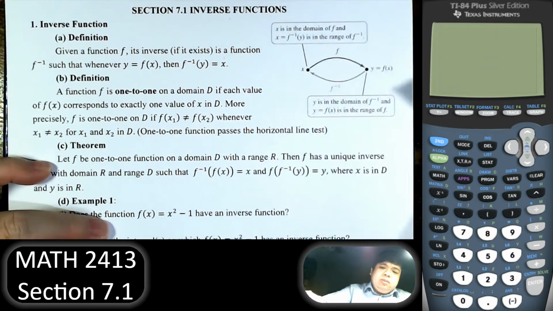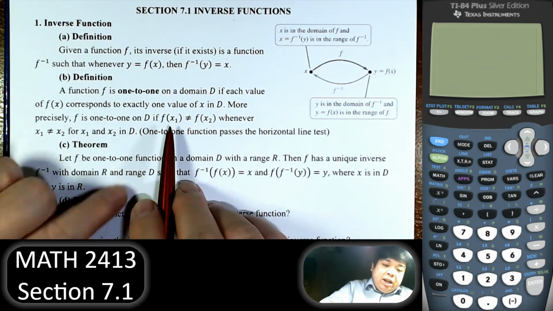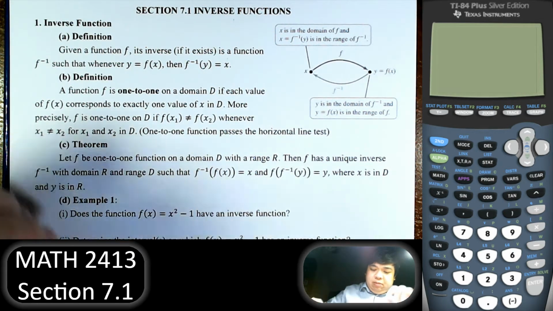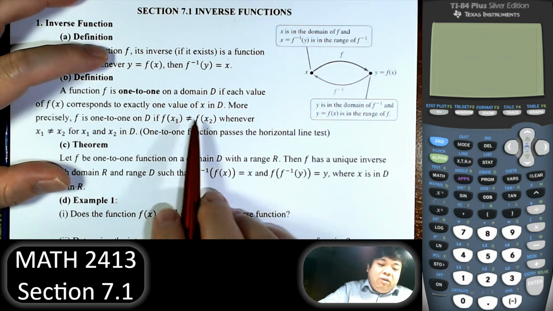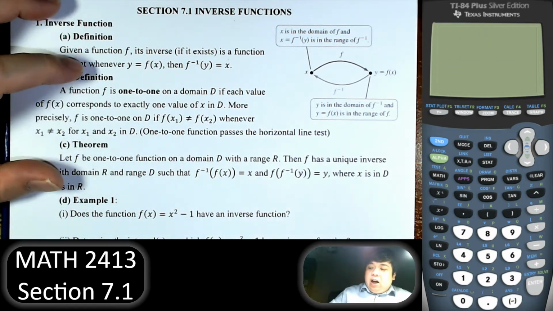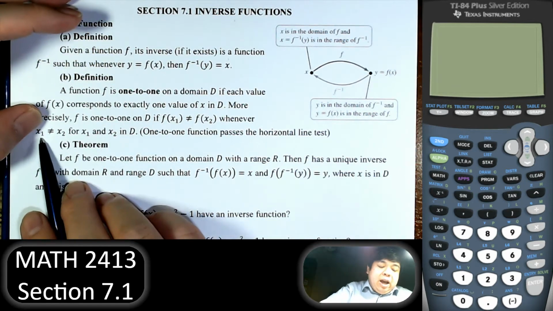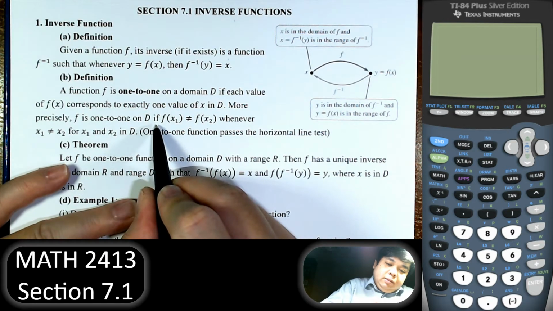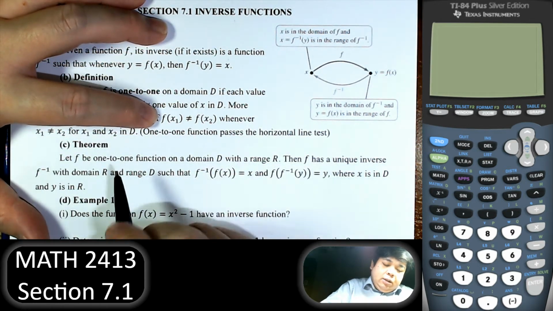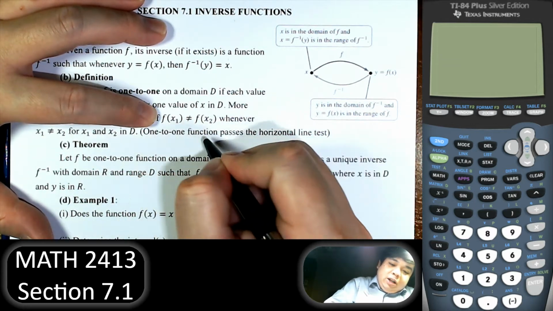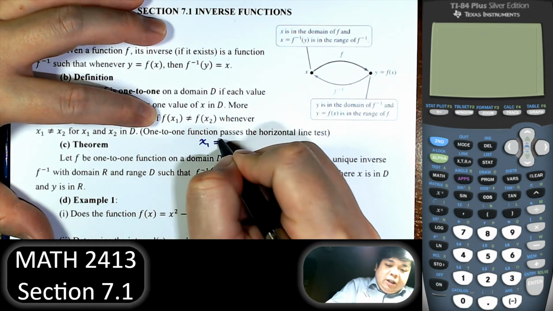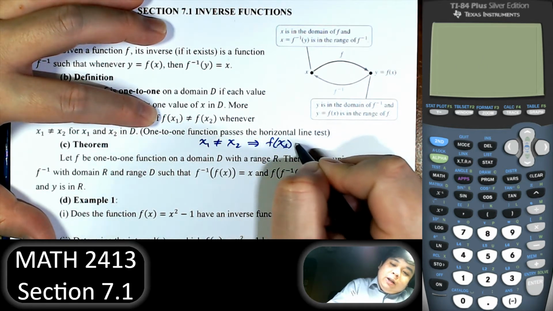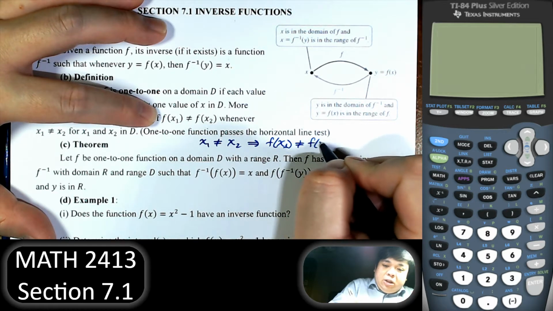Of course, the contrapositive to that, instead of saying if the x values are different then the y values are different, says if the y values are equal, then the x values are equal. Let me just write this again. x1 not equal to x2 implies f of x1 not equal to f of x2.